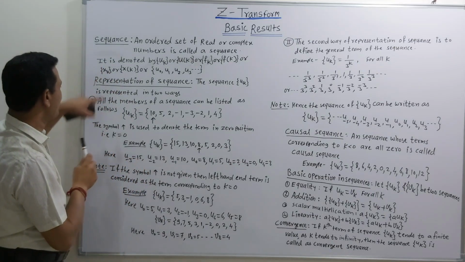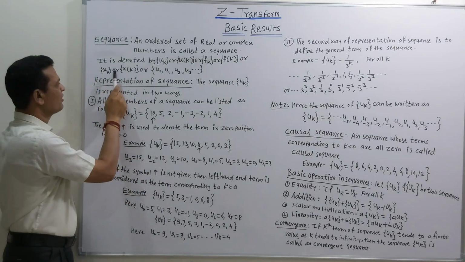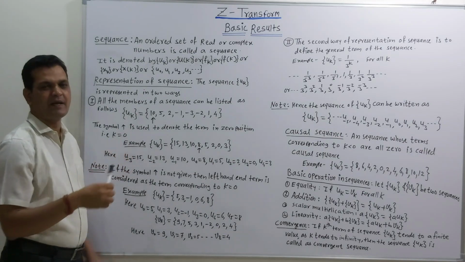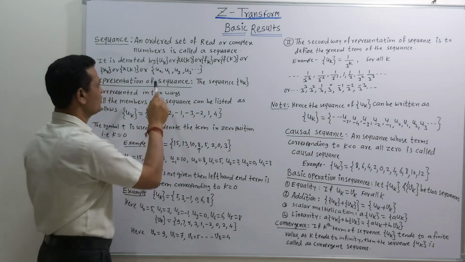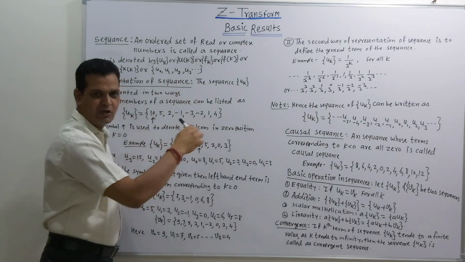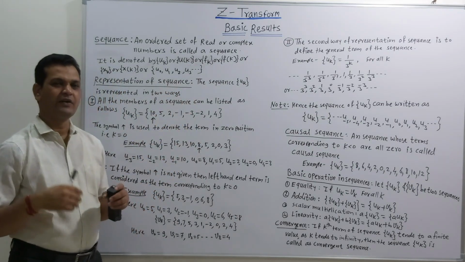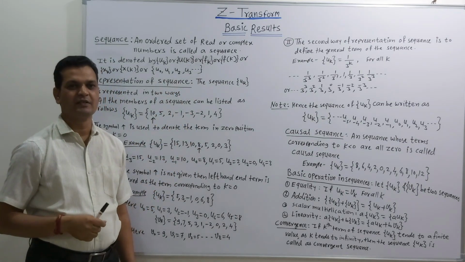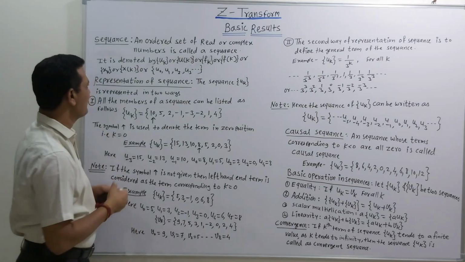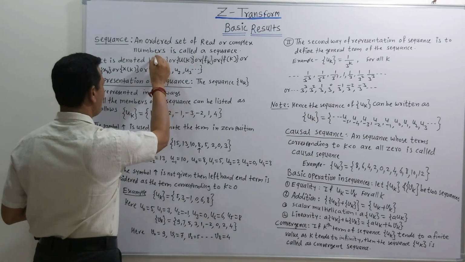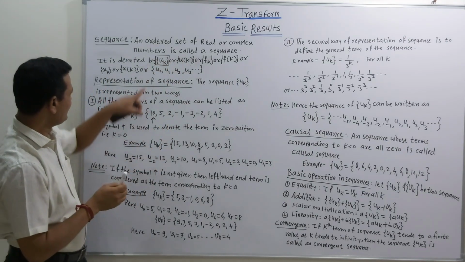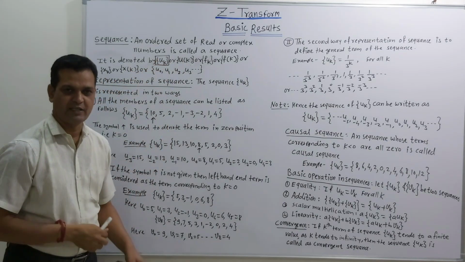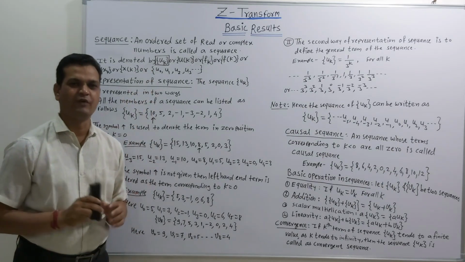Some people may denote this by X_k or X(k), or write it in curly brackets as U1, U2, U3, U4 and so on. So these are the different ways of representing a sequence. In our video lecture, we are using the notation of sequence {U_k}.